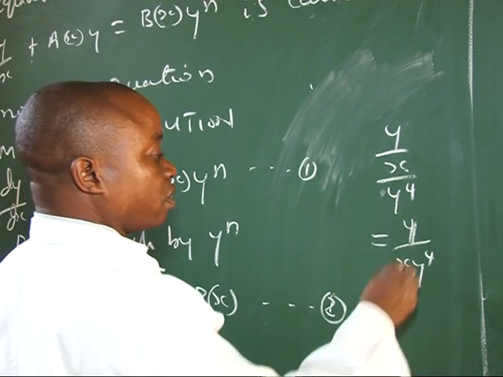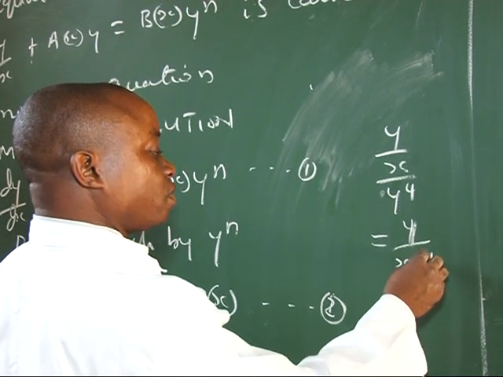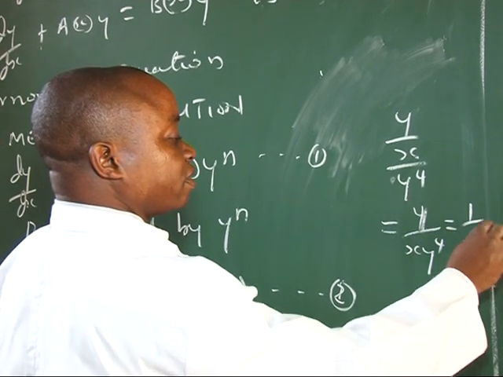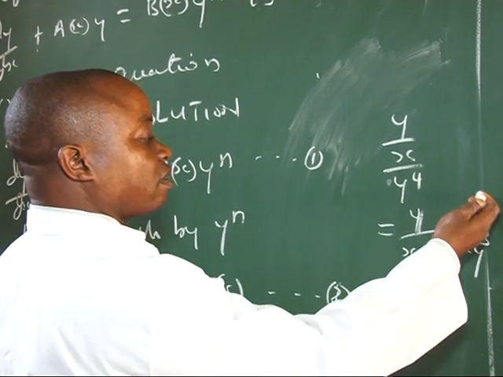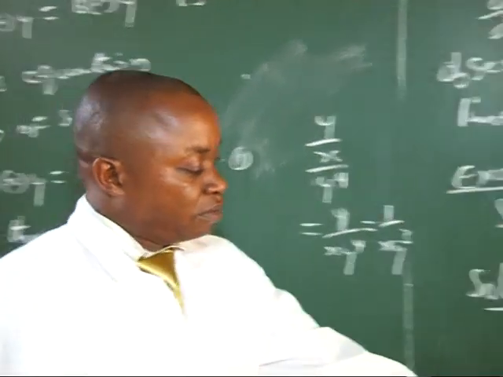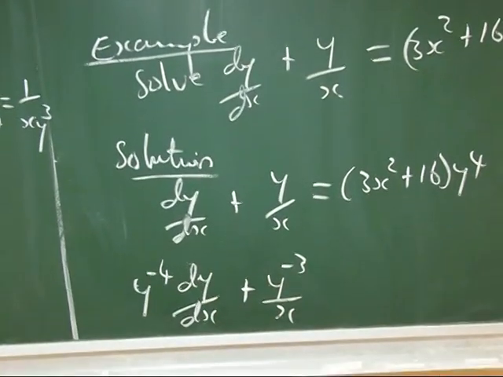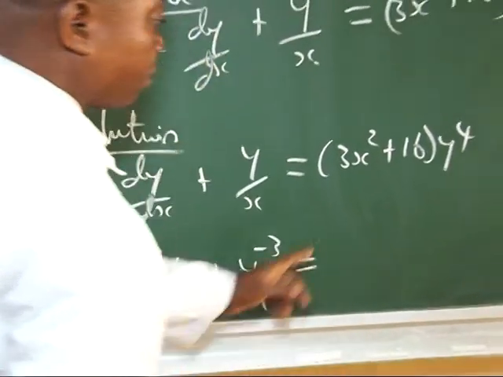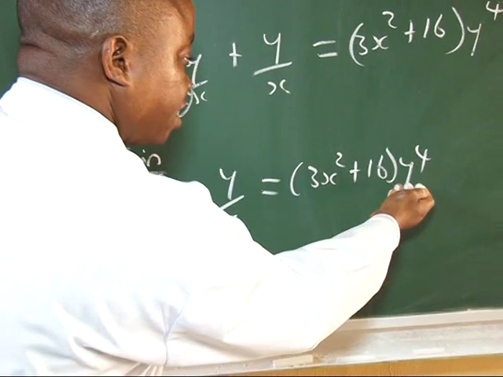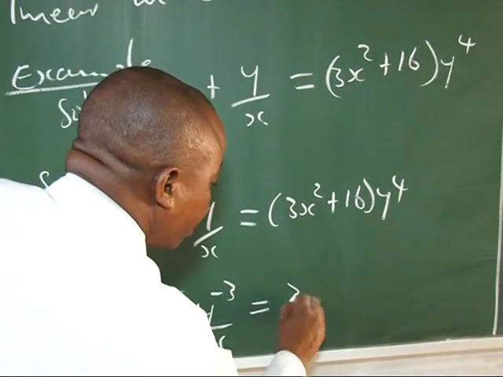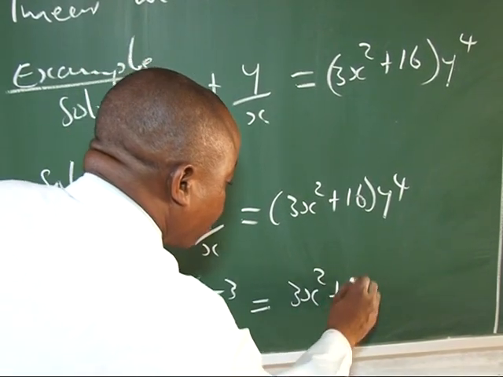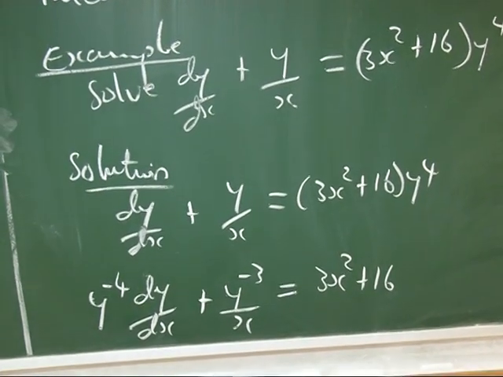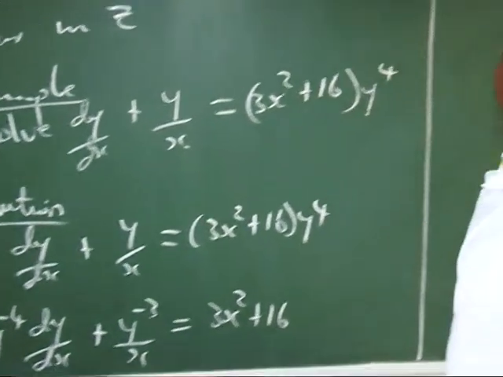So this one can cancel one y, giving 1 over x y³. So taking this up, we will have y raised to minus 3 all over x. Then on this side, we have divided by y raised to the power 4, so what we have here is 3x² + 16. That's what we have.